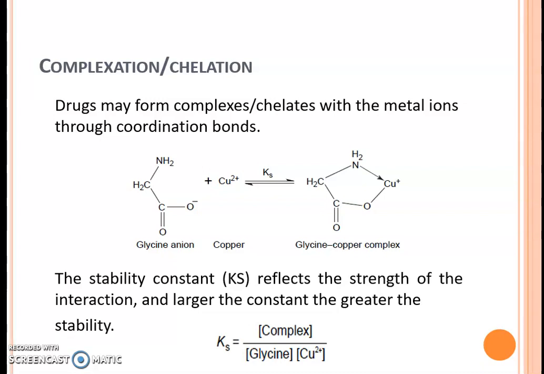The stability constant Ks reflects the strength of interaction, and larger the constant, the greater the stability. So Ks is given by concentration of the complex divided by concentration of its components, that is glycine and copper. Higher value of Ks, it indicates that there is good complexation between the components.